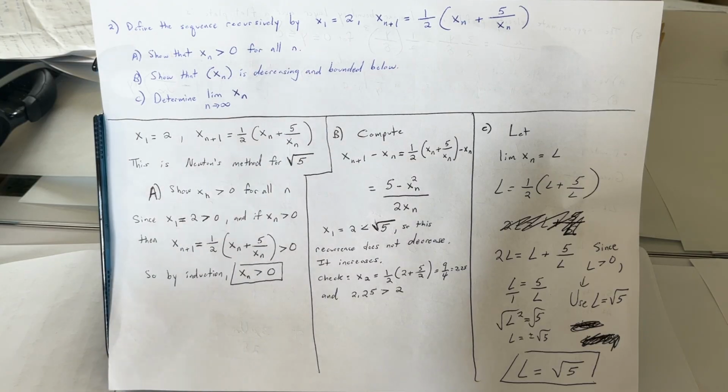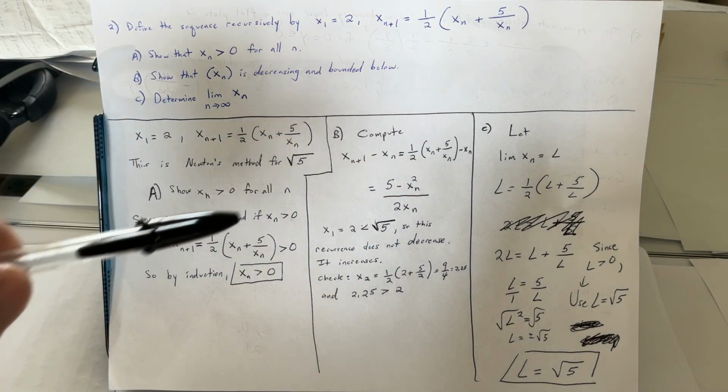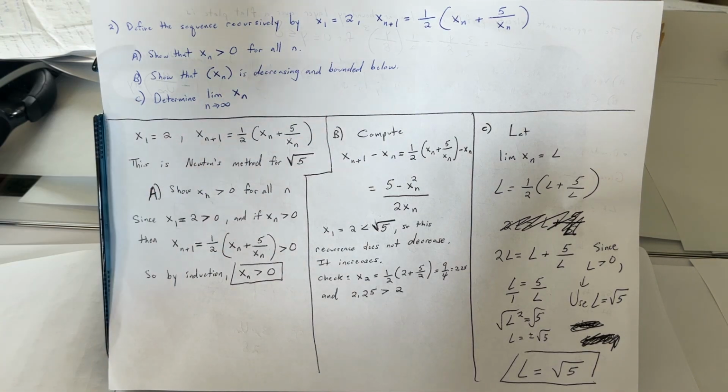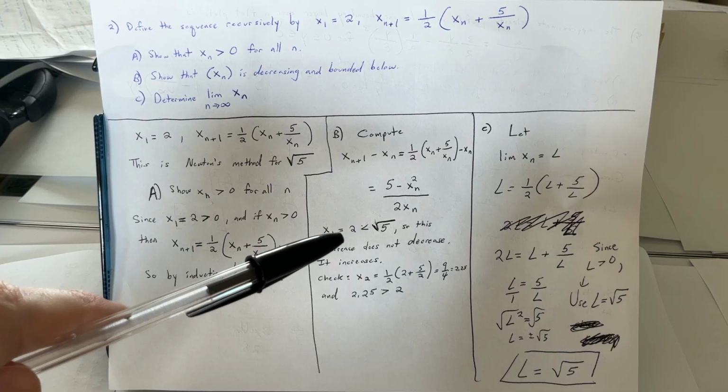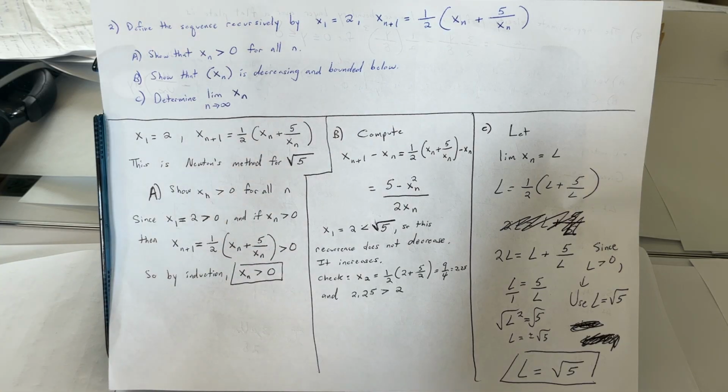So for part B, compute x sub n plus 1 minus x sub n. That equals 1 half times the quantity x sub n plus 5 over x sub n, minus x sub n. That's going to be 5 minus x sub n squared over 2x sub n. x sub 1 equals 2, which is less than the square root of 5.